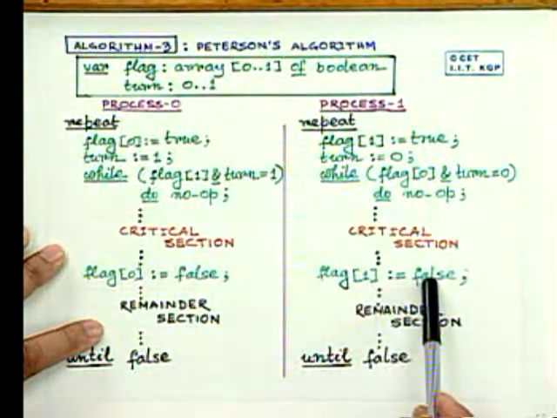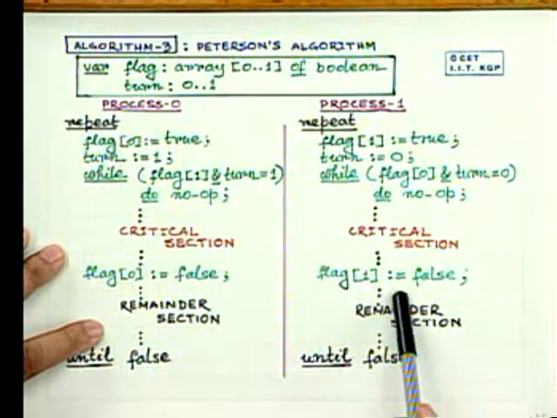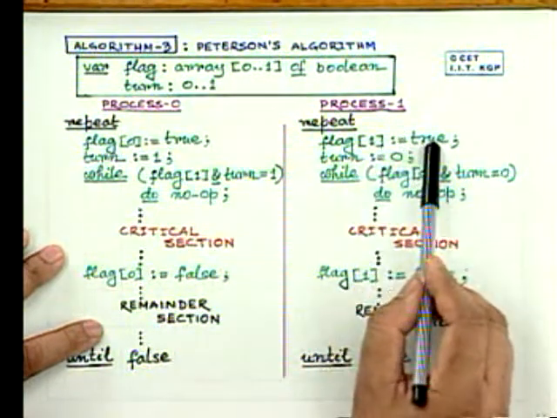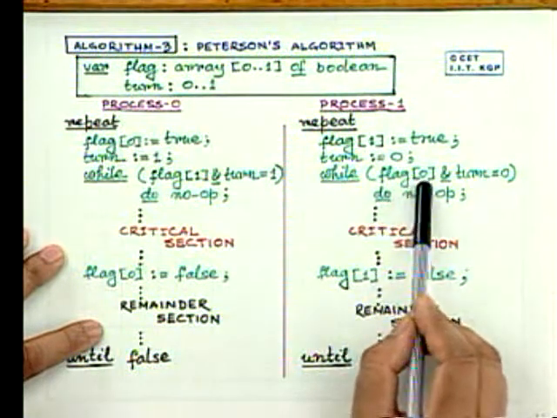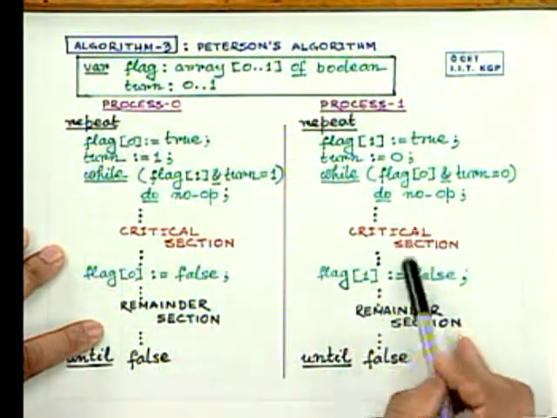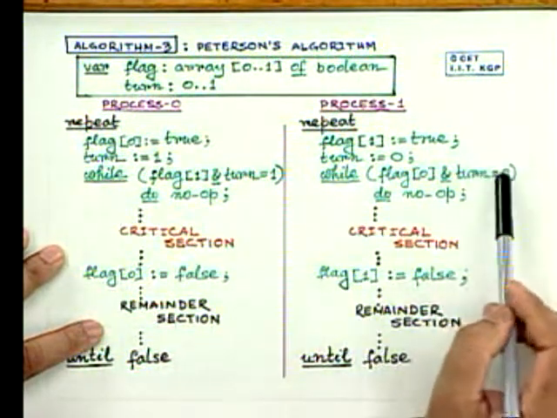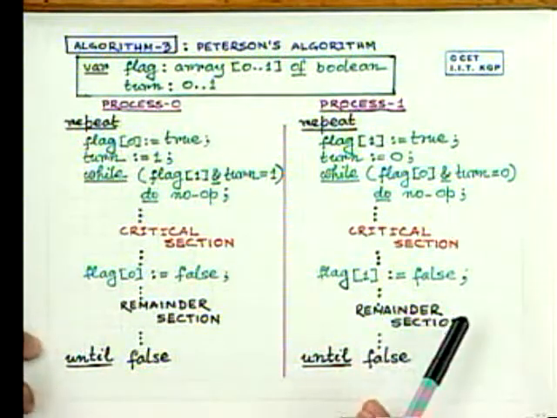It will make flag 1 false. It will go through the remainder section. If it's fast enough, it will come over here, make flag 1 true, turn equal to 0, and since flag 0 is still false, it can enter its critical section. Therefore, it will not get stuck in the entry section or anywhere. Therefore, you see, the progress requirement is satisfied.